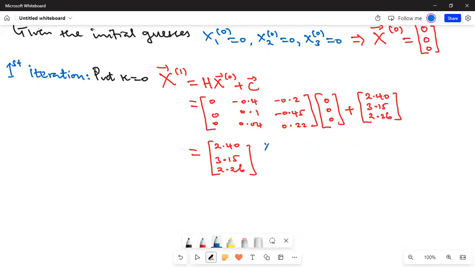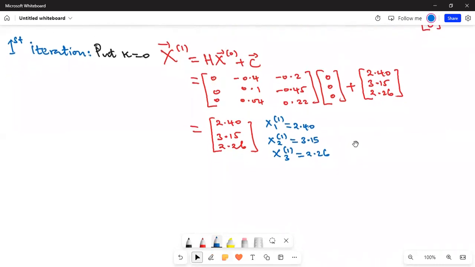It means that x1 at level 1 is equal to 2.40, x2 at level 1 is 3.15, and x3 at level 1 is 2.26. Go to the next iteration.